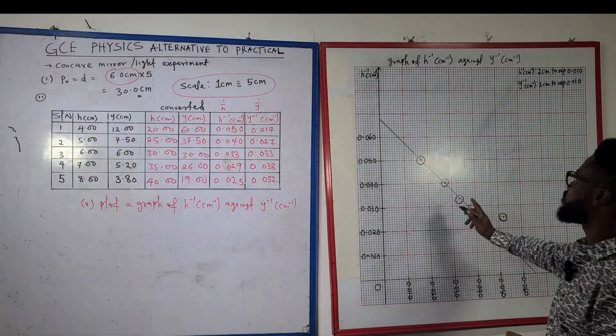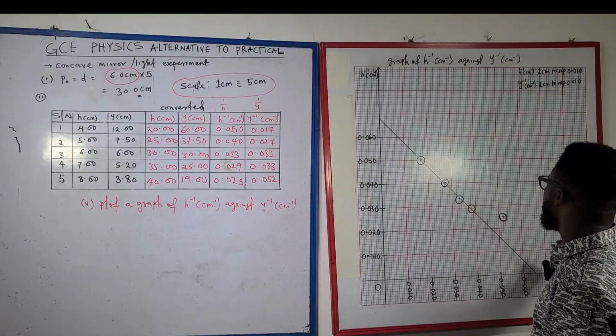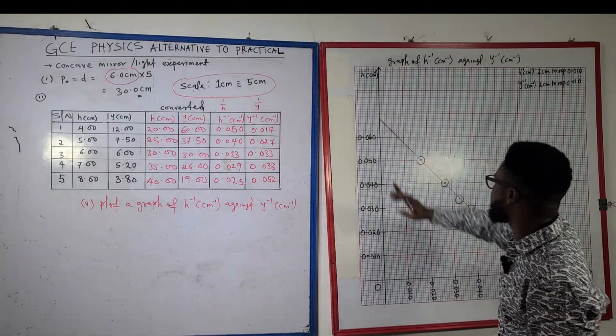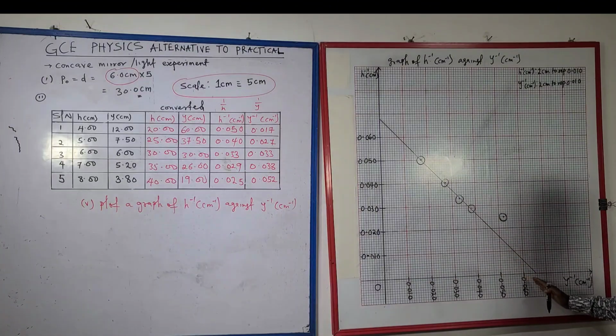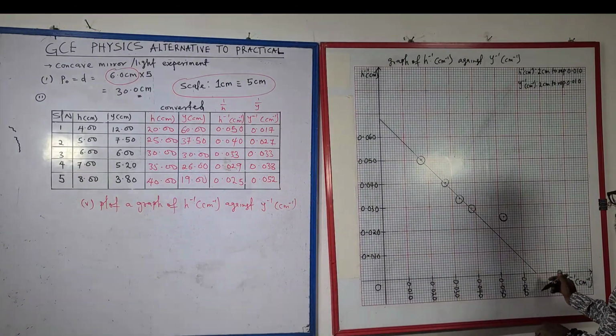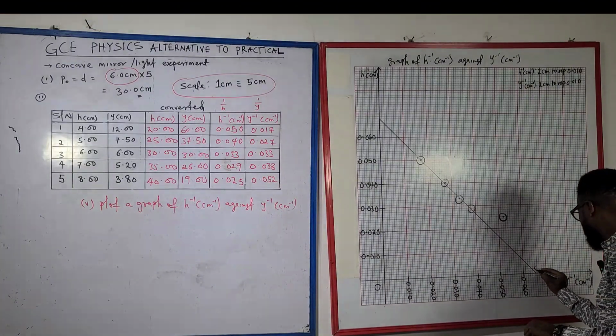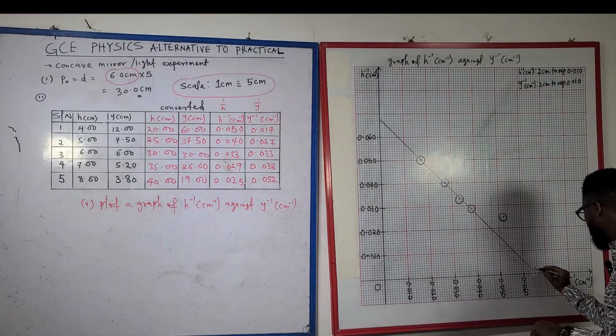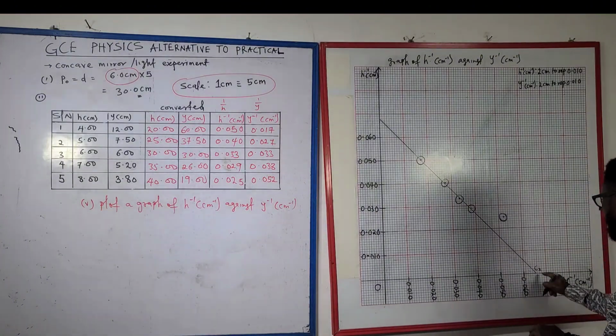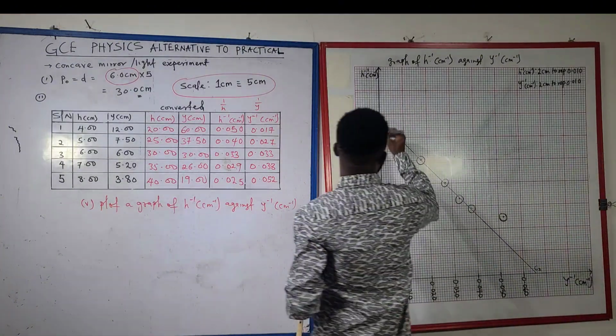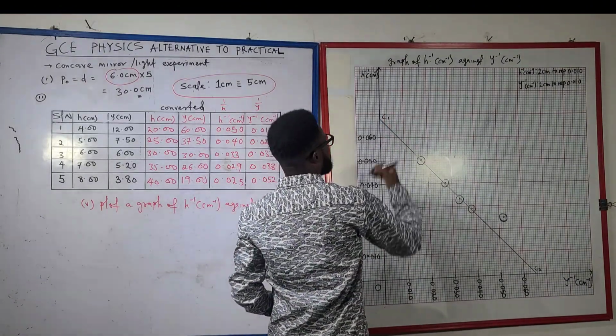My intercept on the vertical axis is where the straight line touches the vertical axis, and where the straight line touches the horizontal axis is the intercept C2 on the horizontal axis. Let me take that down. C2 is on the horizontal axis and C1 is on the vertical axis.